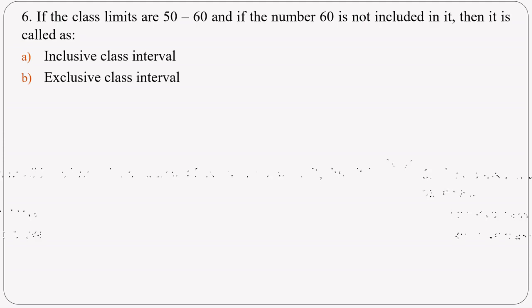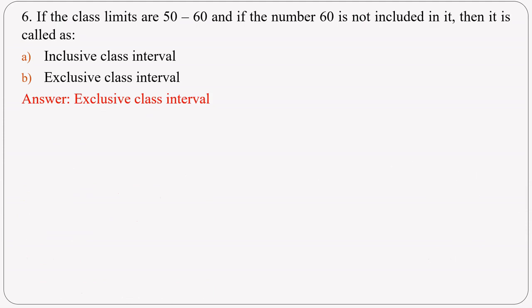The last number 60 from the class limit 50 to 60 is not included. Yes, the answer is exclusive class interval. In exclusive, the last number is not included. If you include the last number, it becomes inclusive class interval.